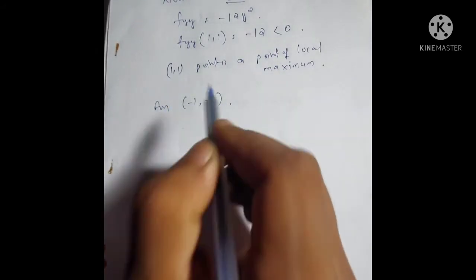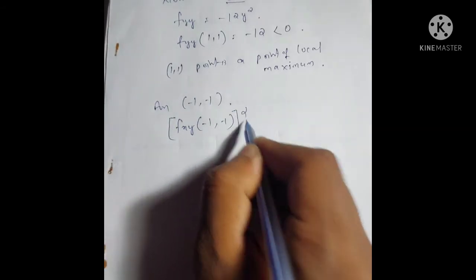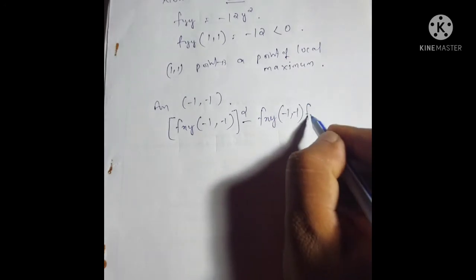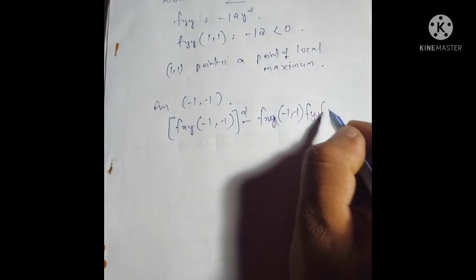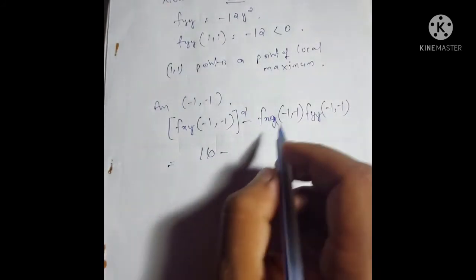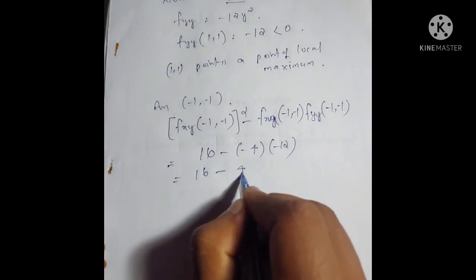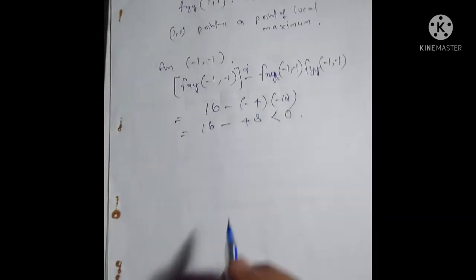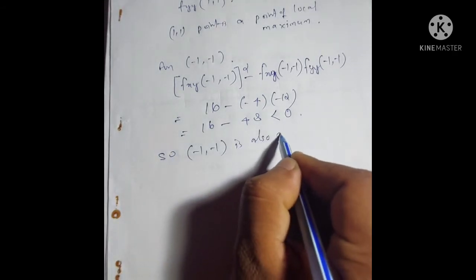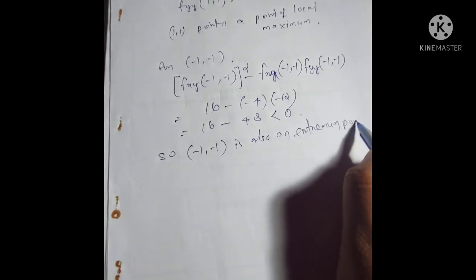Now, for critical point (minus 1, minus 1), fxy (minus 1) whole square minus fxx fyy at minus 1 is equal to 16 minus 4 into minus 12, which is equal to 16 minus 48, which is less than 0. So, (minus 1, minus 1) is also an extremum point.